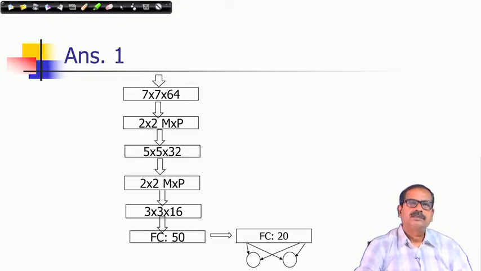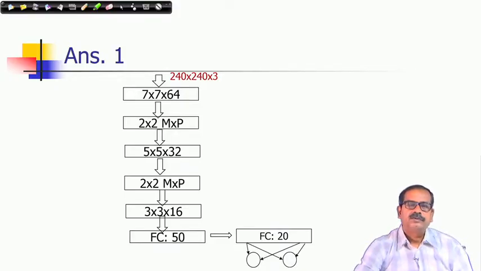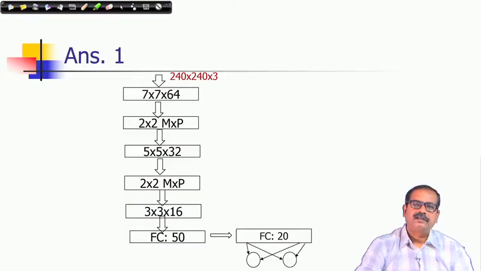Let us now determine what should be the sizes of outputs from each layer. So, the input, as has been specified, is of size 240 cross 240 cross 3. This is the input size. So, the output, if I consider a 7 cross 7 filter, as you know, should be only from those pixels of the input where this filter is fully embedded.